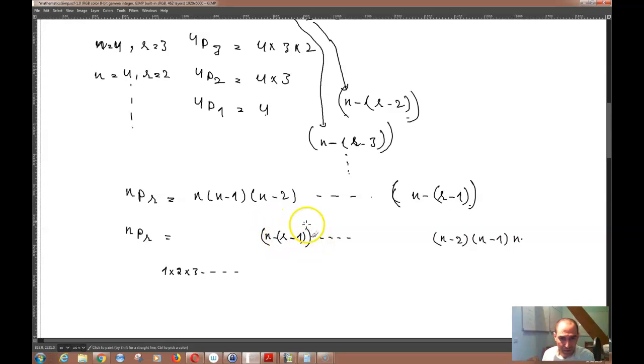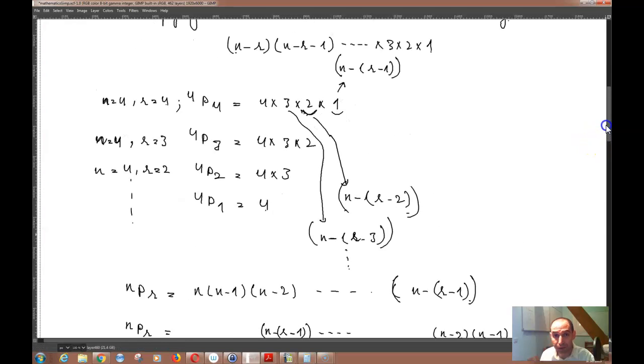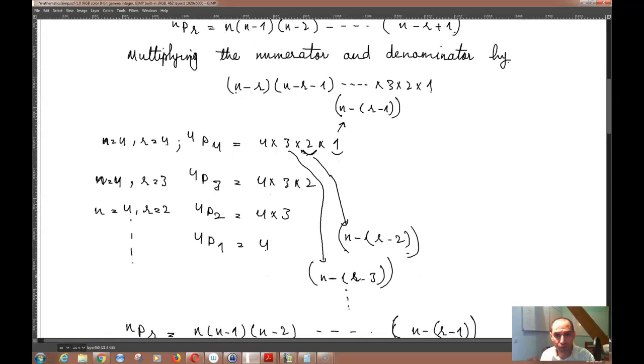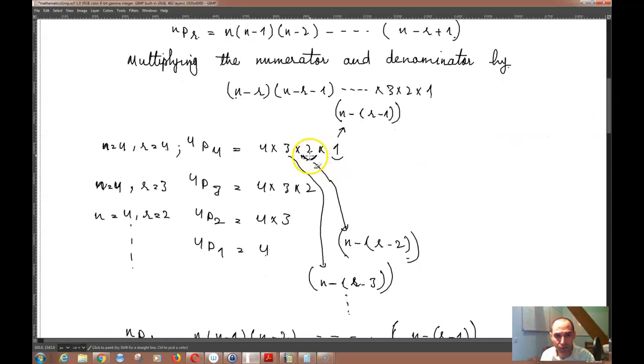And the way to figure out this term is, we said that over here, as you saw, as I was getting away from 1, this was n minus r minus 1.